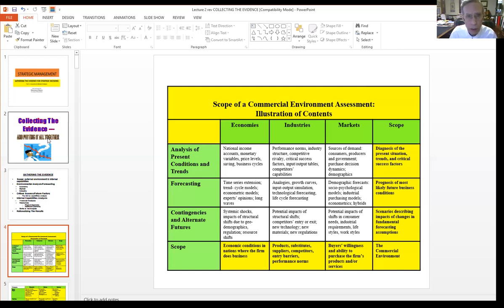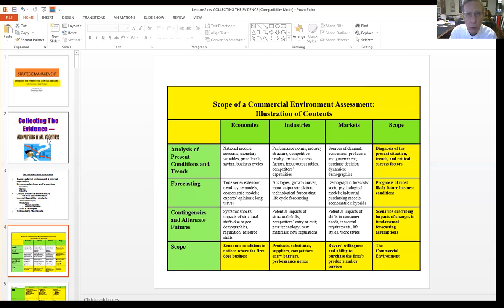We contemplate what alternative futures in our industry, our market, or the economy might be, and then we monitor them over time. What will probably happen is that many of those scenarios will not come to pass, and we will realize that they're so unlikely that we'll quit monitoring them.